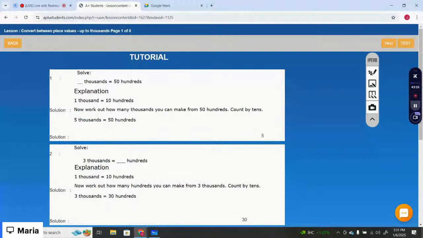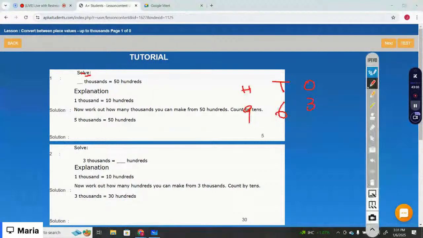Start with the basics, right? Start with 100. In 100, you have 10 tens. Which 10 tens? 10, 20, 30, 40, 50, 60, 70, 80, and 90. So in 100, you have 10 tens.